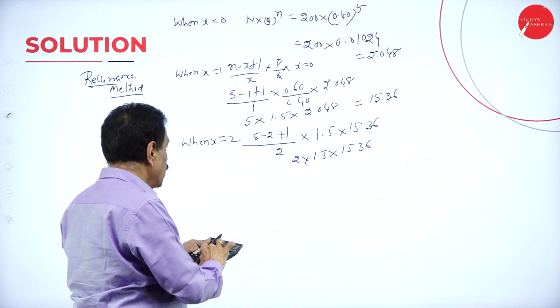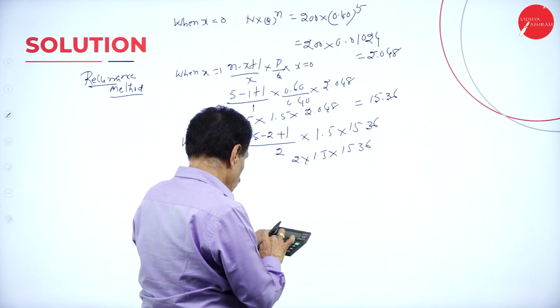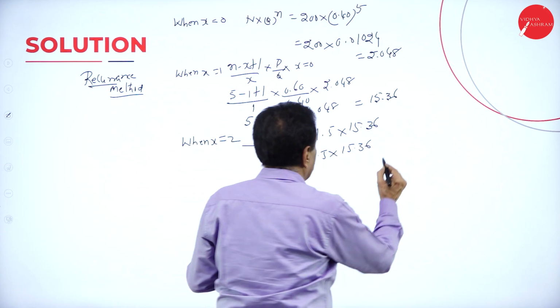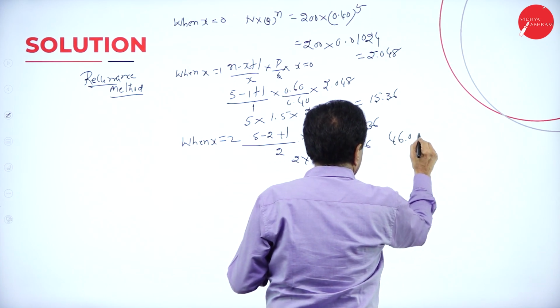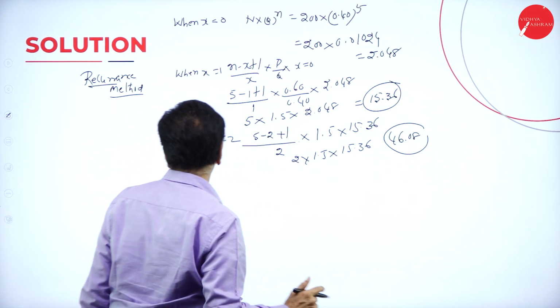So 2 into 1.5 into 15.36 is 46.08. This is when x is equal to 2.